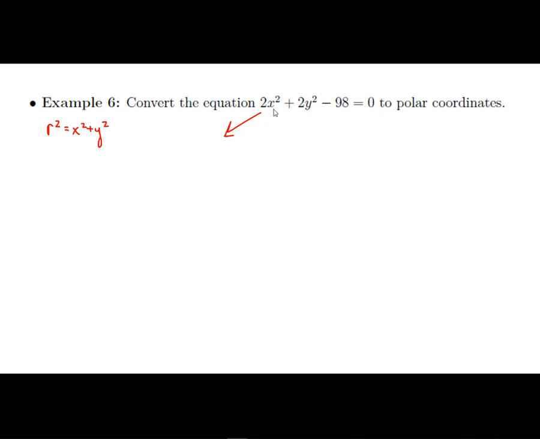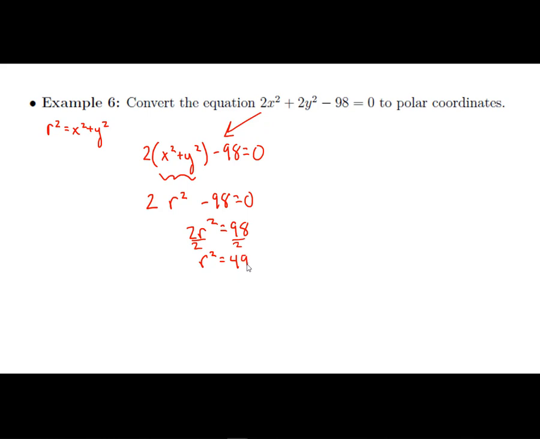And so if that's the realization you have, then what you should start by doing is to say, okay, 2 times x squared plus y squared, essentially factor that 2 out, minus 98 equals 0. And once you get x squared plus y squared, you can feel free to turn that into r squared. And so I can put 98 on the right side, divide by 2, r squared equals 49.